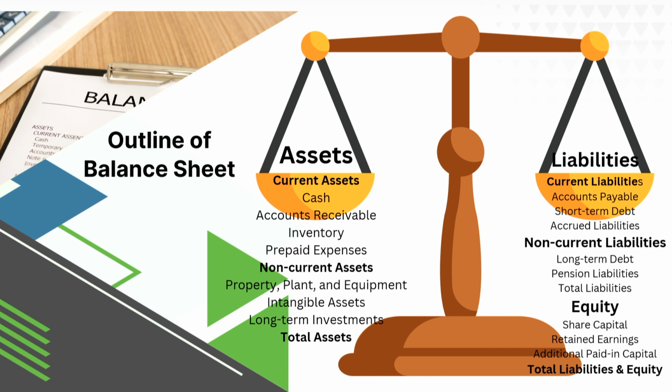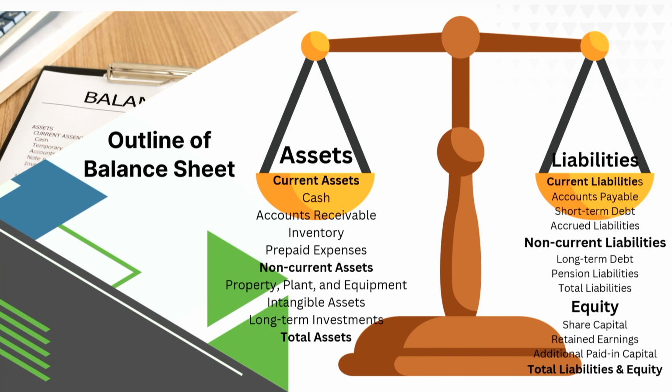Current assets and the current liabilities are the key components of a balance sheet representing the short-term financial resources and obligations of a company. Current assets are also termed as short-term assets, or the resources a company expects to be converted into cash or cash equivalents within a time span of 1 year.